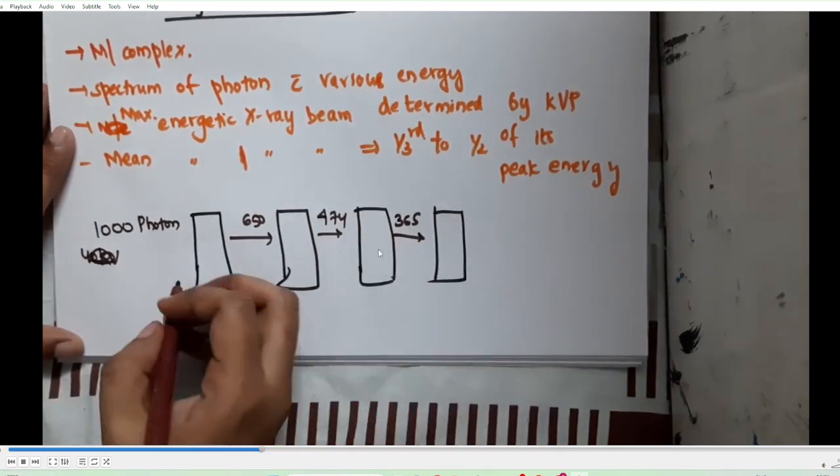Again, the photons are reduced by 27%, which is 474 photons. Later, the photons are reduced by 23%, resulting in 365 photons.